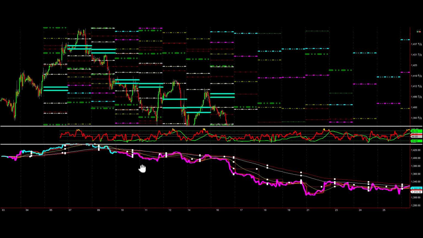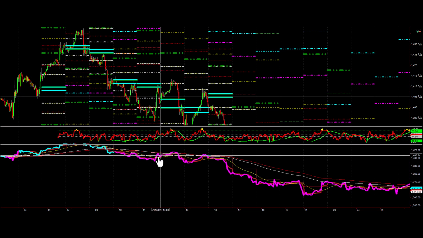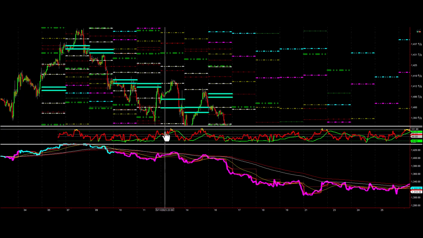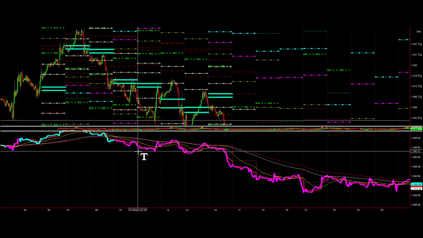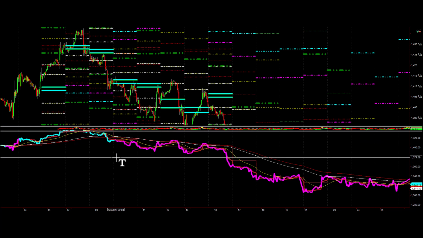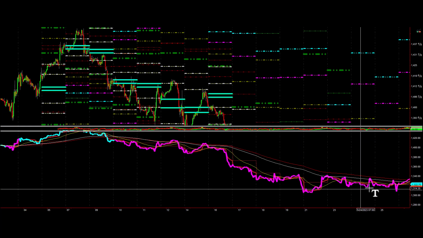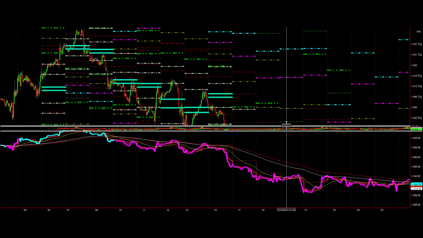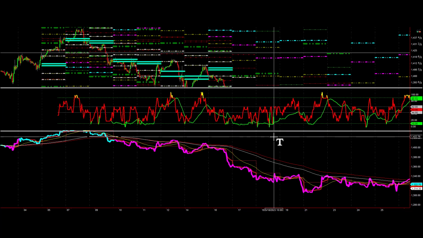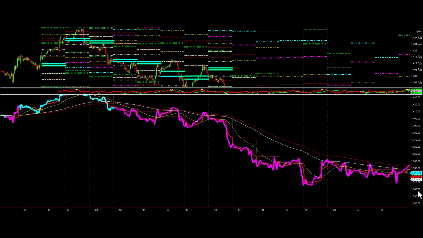We have a current VWAP, which is shown in this color in the lowest frame, and we have three moving averages of that VWAP.